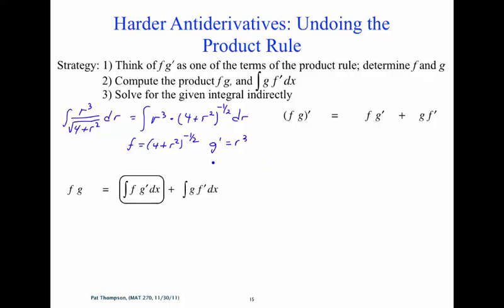So then g is easy, right? G is 1/4 r to the 4th. So the dr always goes with the one that you're calling g prime. So then g is 1/4 r to the 4th.